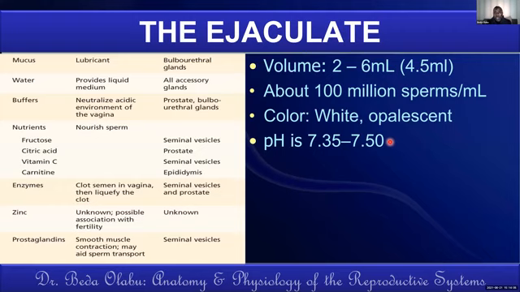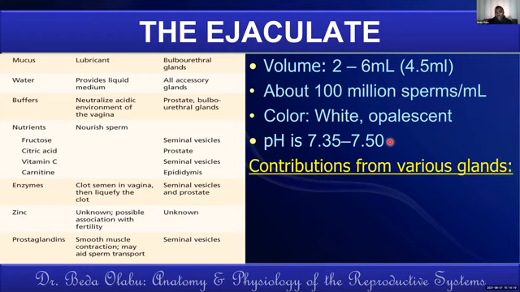The primary role is to basically neutralize the acidic environment of the vagina, because sperms may not survive in that acidic environment for long. And that's why sperms would only survive for about 2 to 3 days in the female tract, in as much as they survive for 2 to 3 months in the male tract.